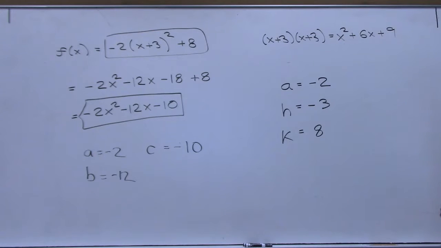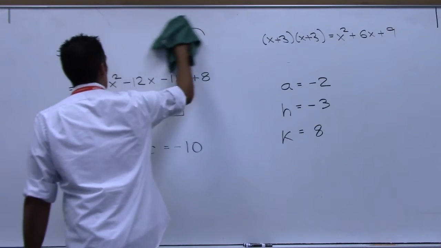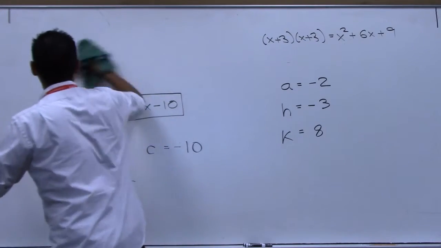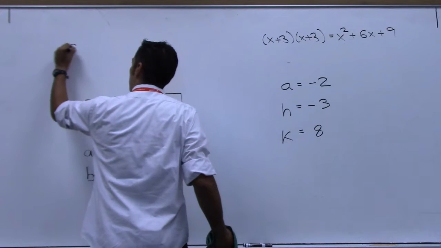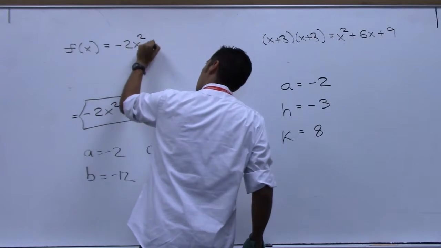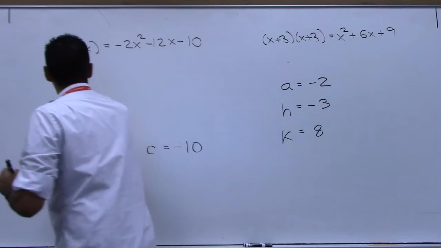Now, there are different ways to do this. So I think what I'll do is, let's do the same problem, okay? That way we know what the answer is supposed to look like. Let's start with this, and let's convert this into standard form.